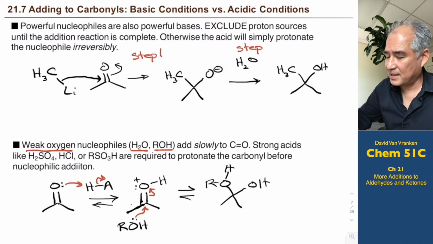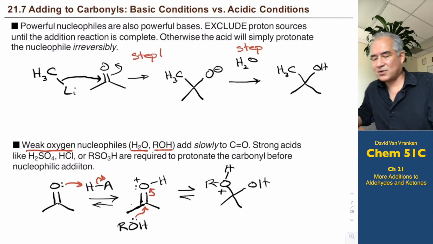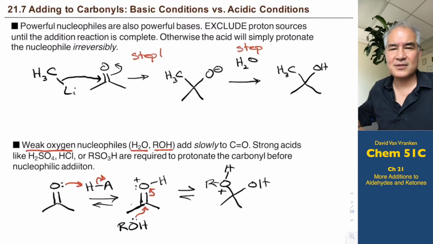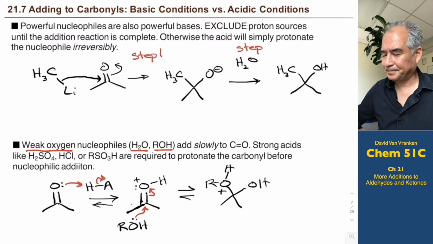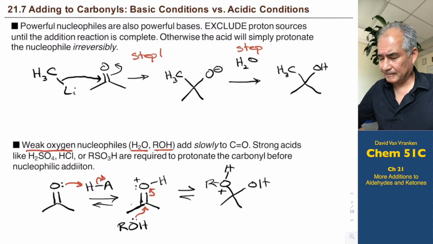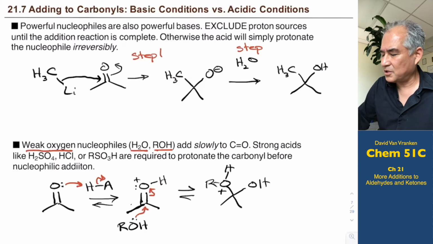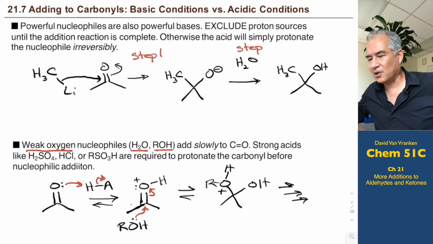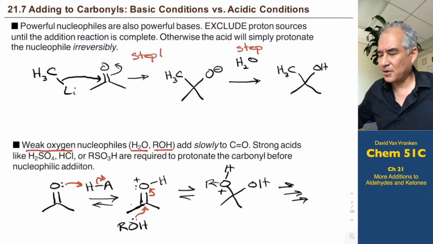If I see 3 bonds to oxygen, I have to put a positive charge there. So after the alcohol attacks, that is now an oxonium oxygen because it has 3 bonds. This intermediate is going to do more chemistry that we'll show you later. This is all part of a longer mechanism that I don't have time to go through right now.